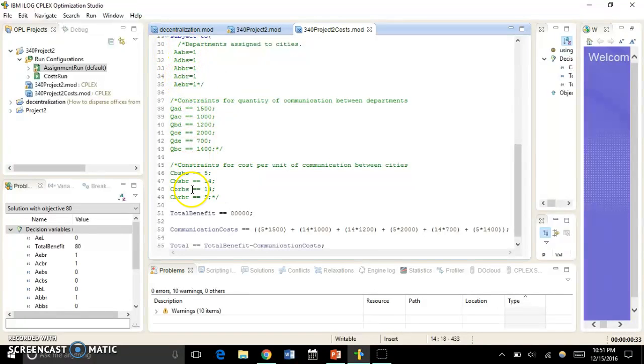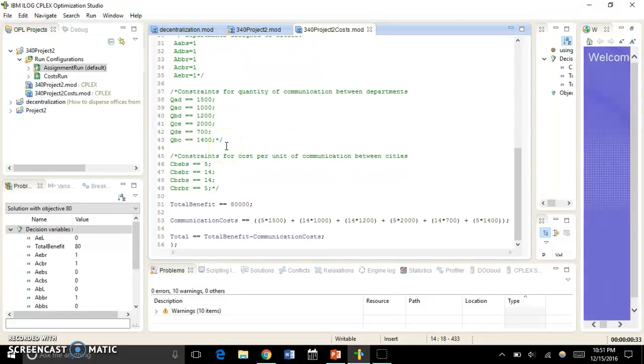So we have to look at the cost per unit of communication between Bristol, so Bristol to Bristol, which is 5, which is where this number comes from here, and then the quantity of communication between Department A and D, which is 1,500, which goes here. And so I just did that same process over and over again for all of the departments and all the assignments. And then, of course, the total is our total benefit, which is 80,000 minus whatever our communication costs are.